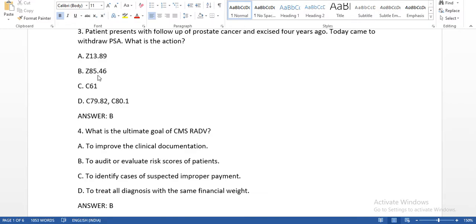So we have coded Z85.46 based on the document, not based on the PSA test result. If the PSA test results are positive, we need to code C61, as PSA positive means the patient has prostate cancer. If it is PSA negative, we need to code Z85.46. That means there is no prostate cancer in the patient. So our answer here is B.